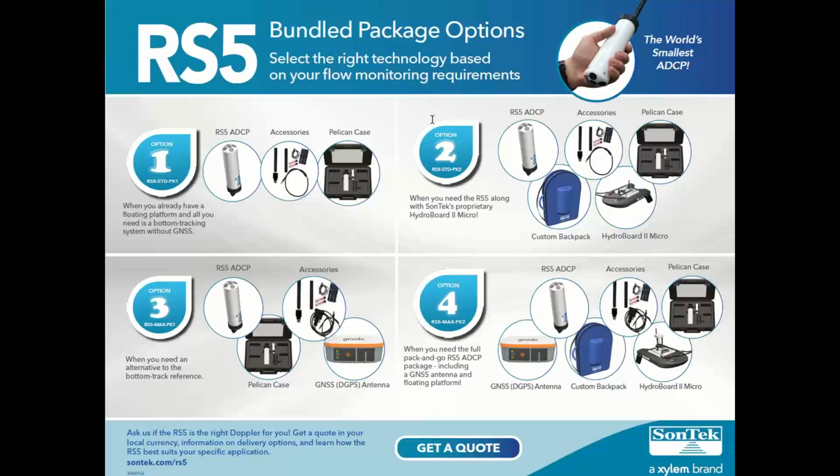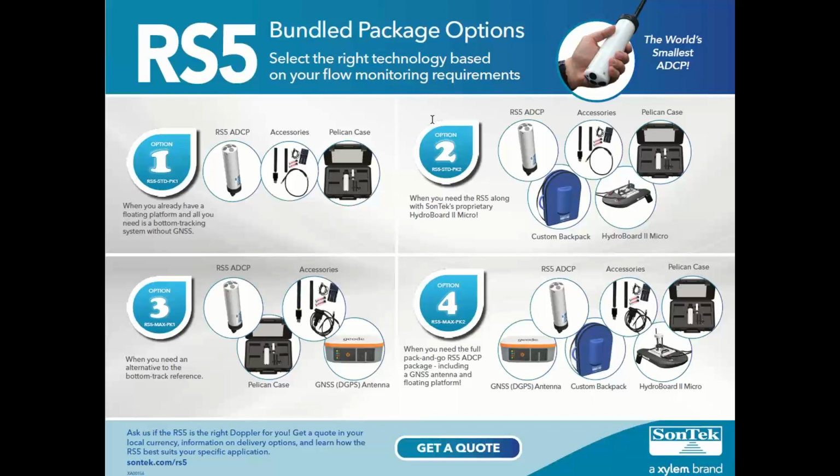Daniel, would you like to introduce the RS5 bundled package option? Yes, so this is basically just a summary page that SonTek provided of the different options, 1, 2, 3, and 4. And as you can see, there's a couple of different features. Either just the instrument itself within a Pelican case.